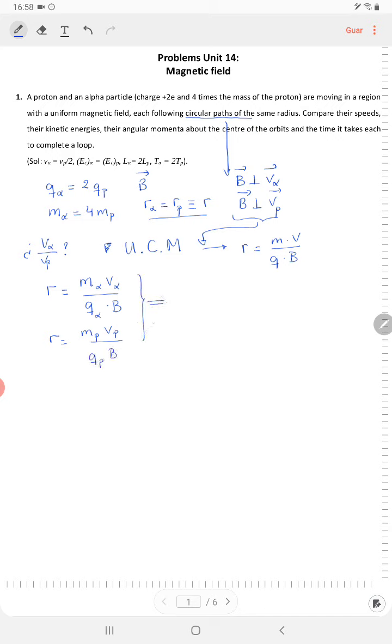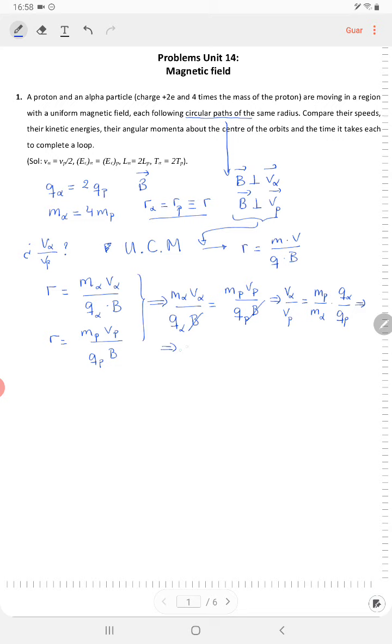If we equate these two expressions, m alpha v alpha divided by q alpha B equals m proton v proton divided by q proton B. We get rid of the magnetic field and solve for V alpha divided by Vp, which is the mass of the proton divided by the mass of the alpha particle, times the charge of the alpha particle divided by the charge of the proton.